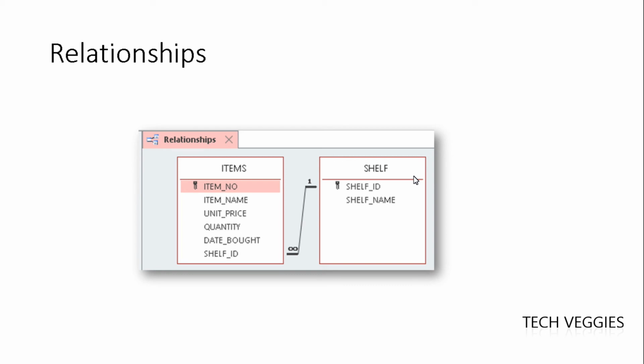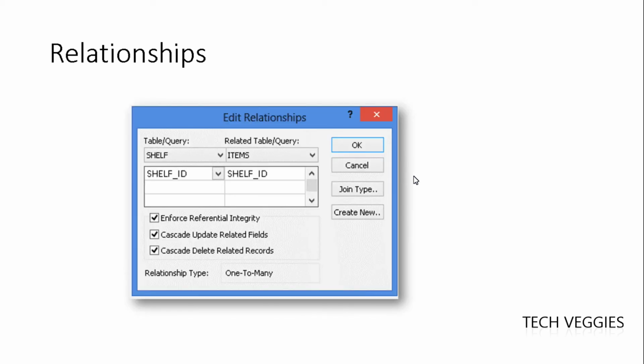This is also a one-to-many relationship, as you can see with the numeral 1 on the shelf side and the infinity sign on the items side of the relationship. And of course, you can see more detail if you go to the Edit Relationships option. You can see the relationship type, and you can see the common attributes that are associated as well.